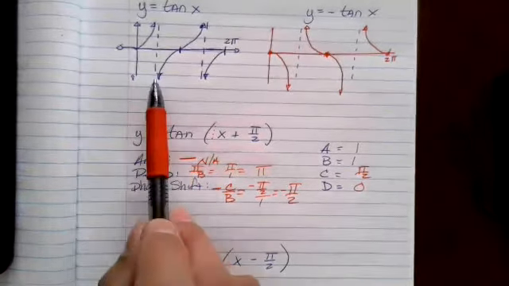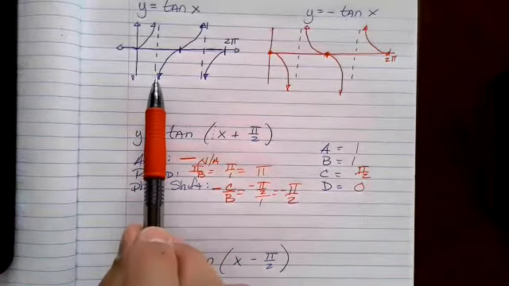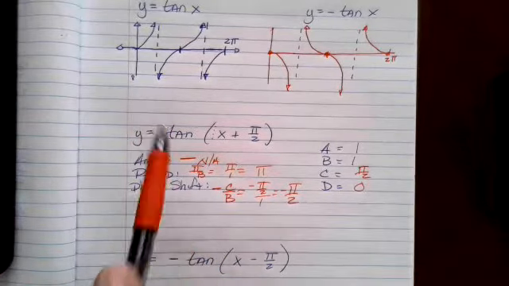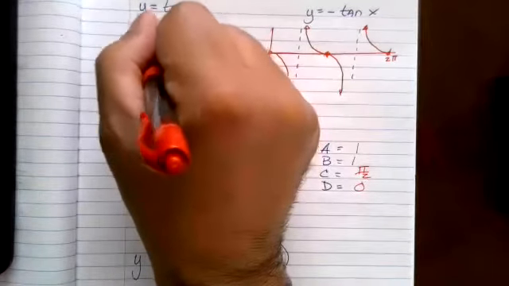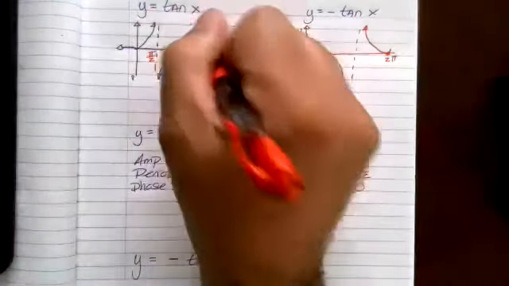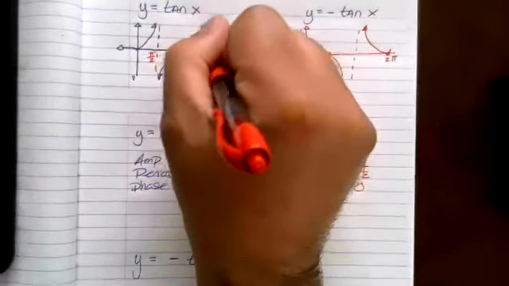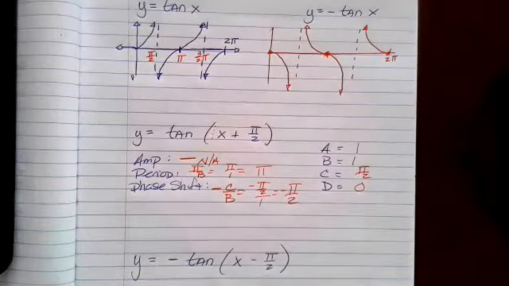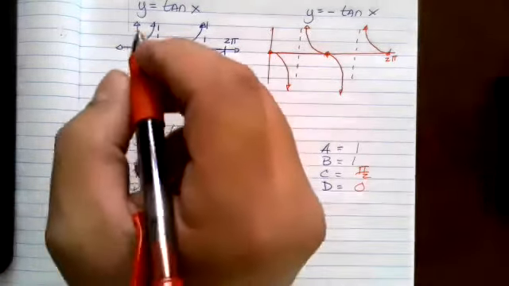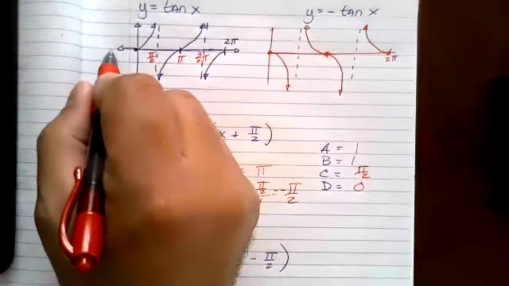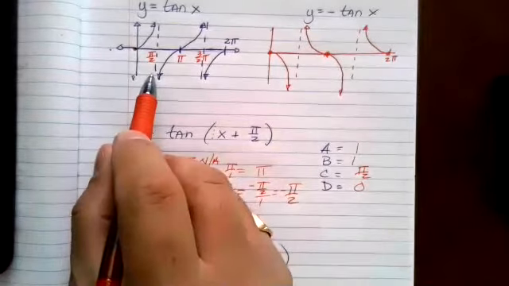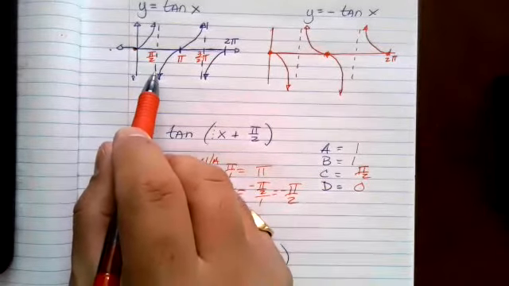And since I already have the graph up here, let's take a look at the graph. This is y equals tan x, right? So this is pi, and this is 1/2 pi, and this is 1.5 pi. So if everything is shifting 1/2 pi to the left, now this point is going to be over here. What also shifts are asymptotes.